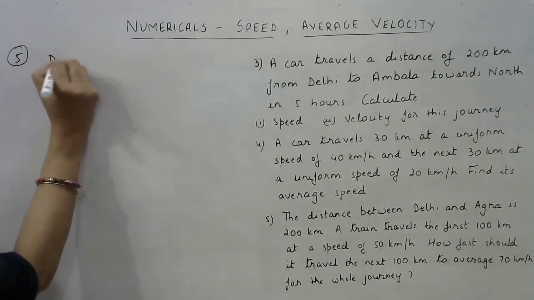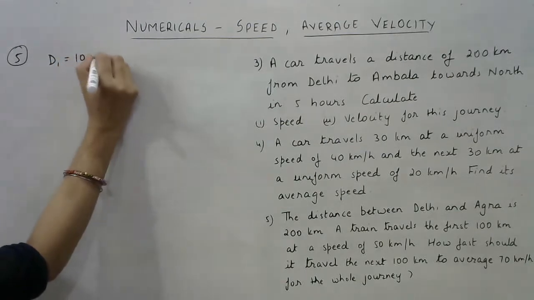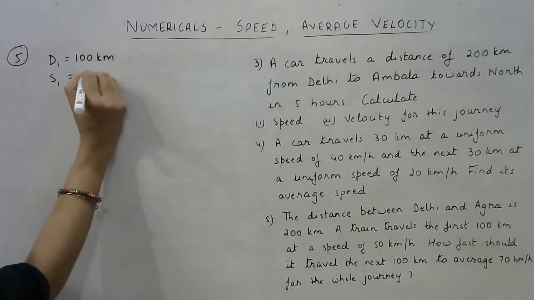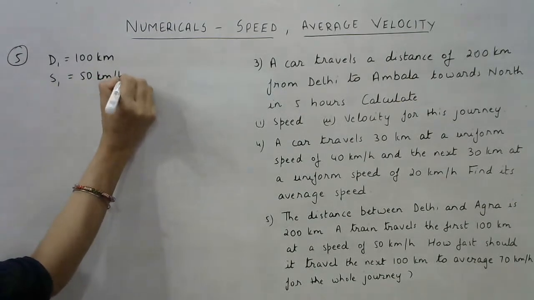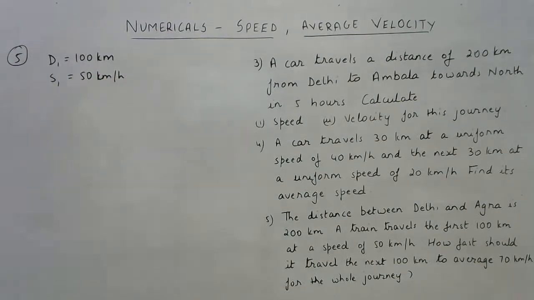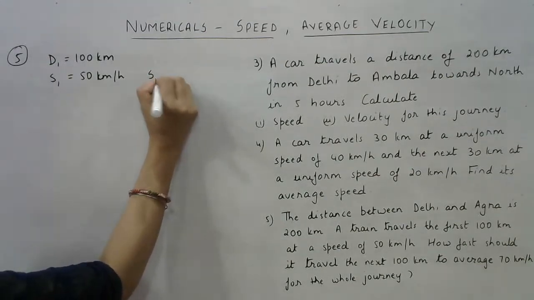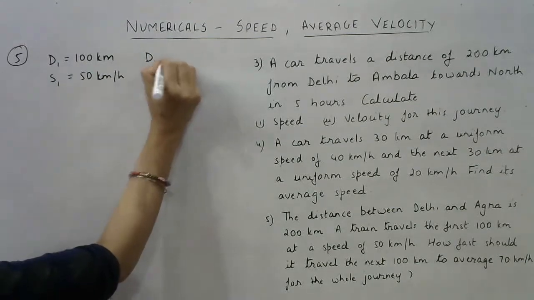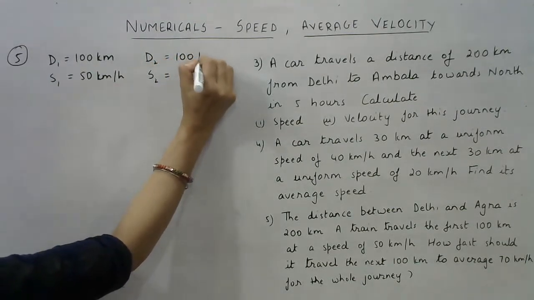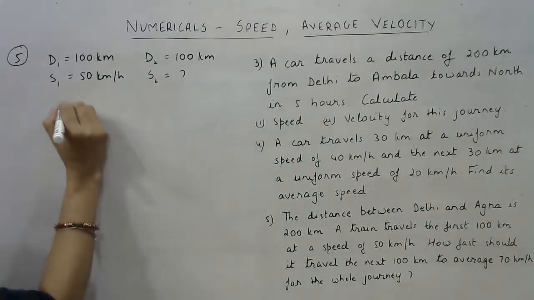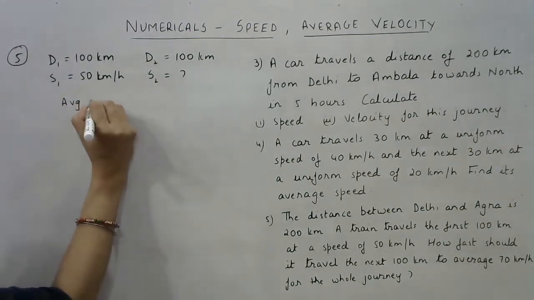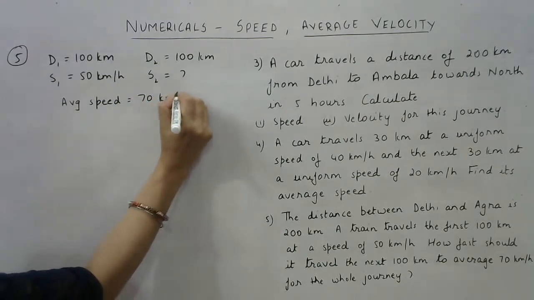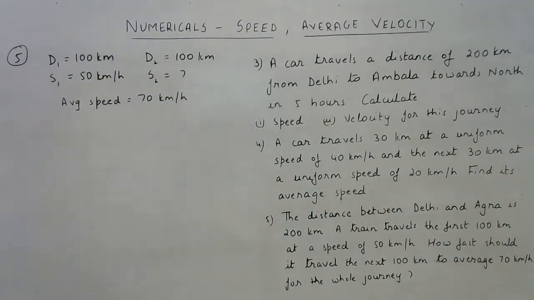So that means distance 1 is 100 kilometers and speed 1 is 50 kilometers per hour. How fast should the train travel the next? Speed 2 you have to find out, and distance 2 is again 100 kilometers, so as to average. Now the average speed is already given to you, that is 70 kilometers per hour. So this is the question.